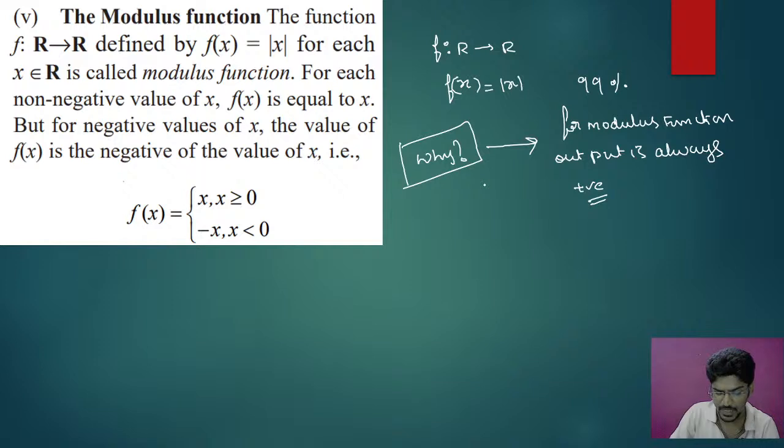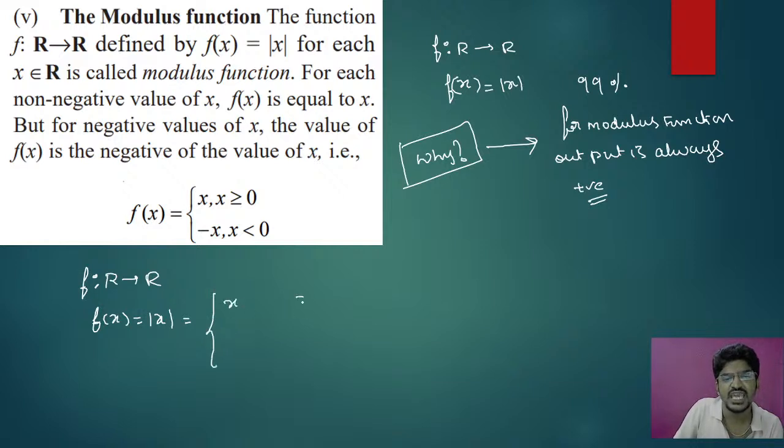Clear? The modulus function is given by the function f from real numbers to real numbers, f of x equal to mod x, but the story is different. It is x if x is greater than or equal to 0. It is minus x if x is less than 0. This is the real story.